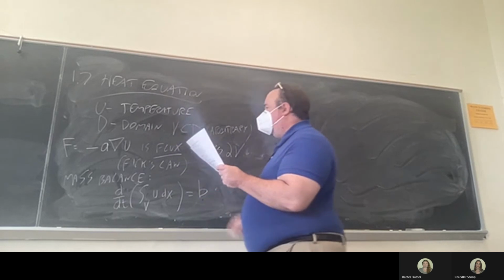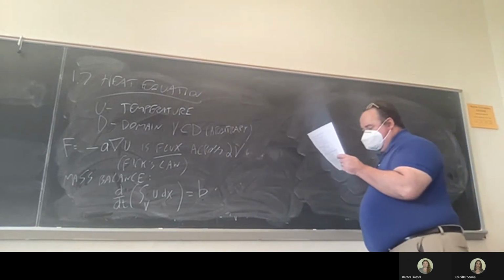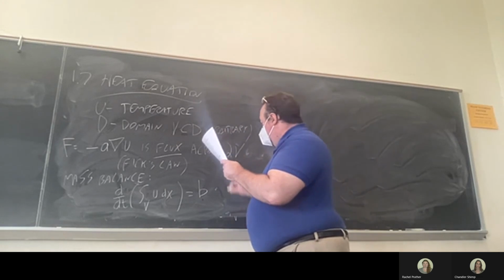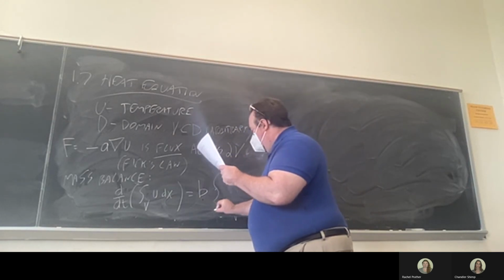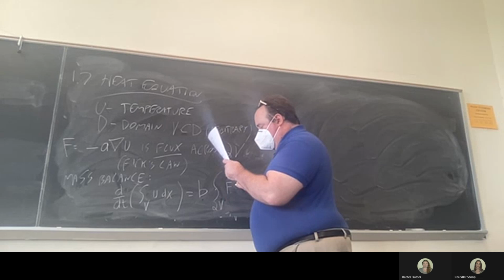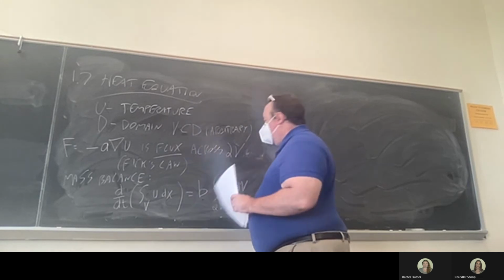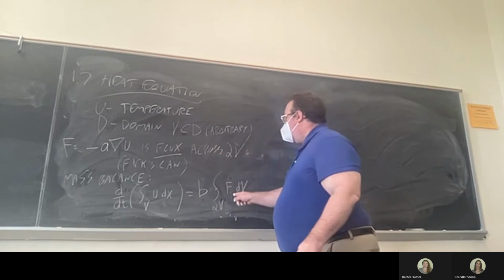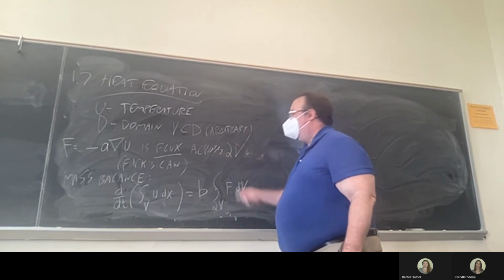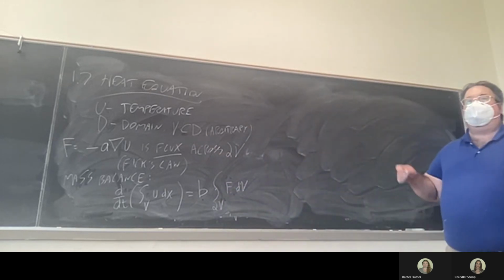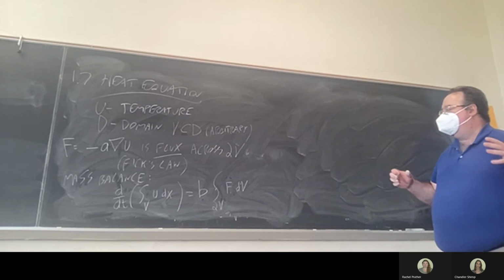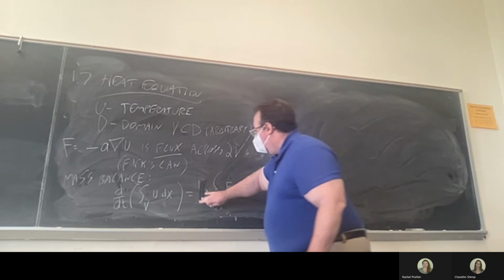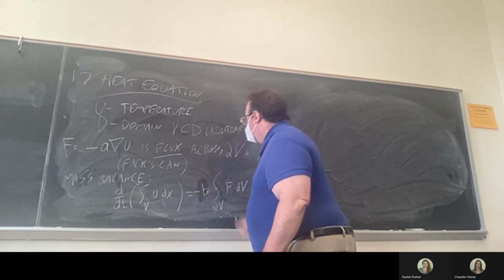It is proportional to, so this B here is just a proportionality constant, to the flux across the boundary of V. So capital F refers to the flux. This is the total flux for the region V. This is total flux on the boundary. Oh, I need to have a minus here to indicate direction.